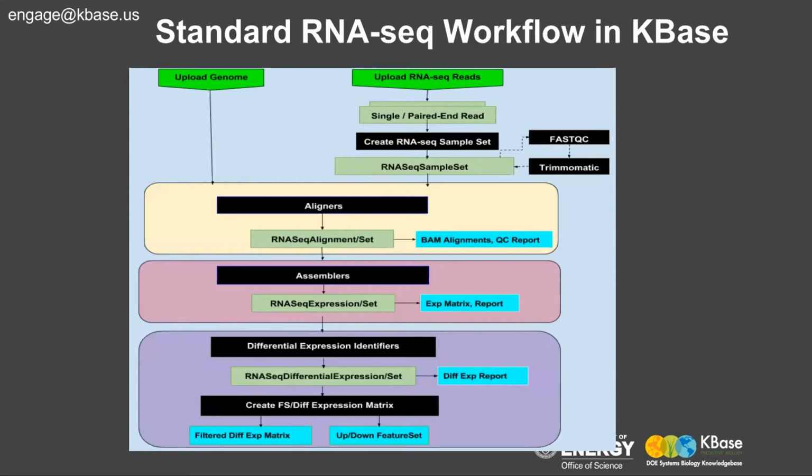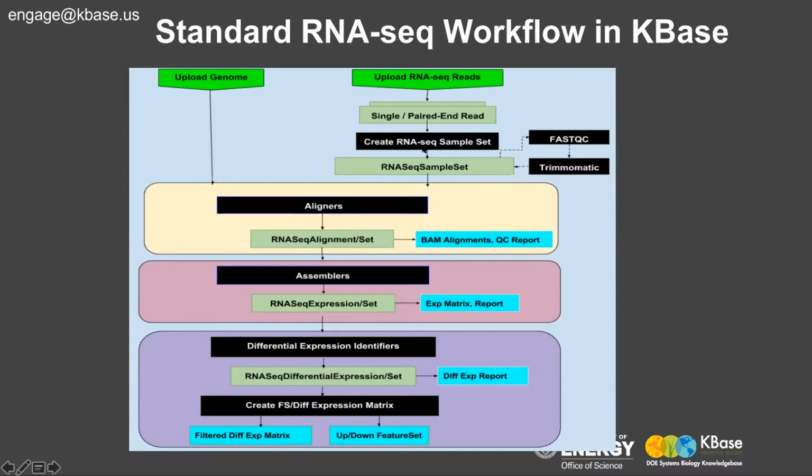So here you can see apps are implemented in 3 different modular layers: aligners, transcript assemblers, and differential expression identifiers. Because, as I mentioned, we use standardized data types in each of the layers, we can support a variety of tools at each level. And it also makes it possible for third-party developers to bring their tools to extend this RNA-seq pipeline.